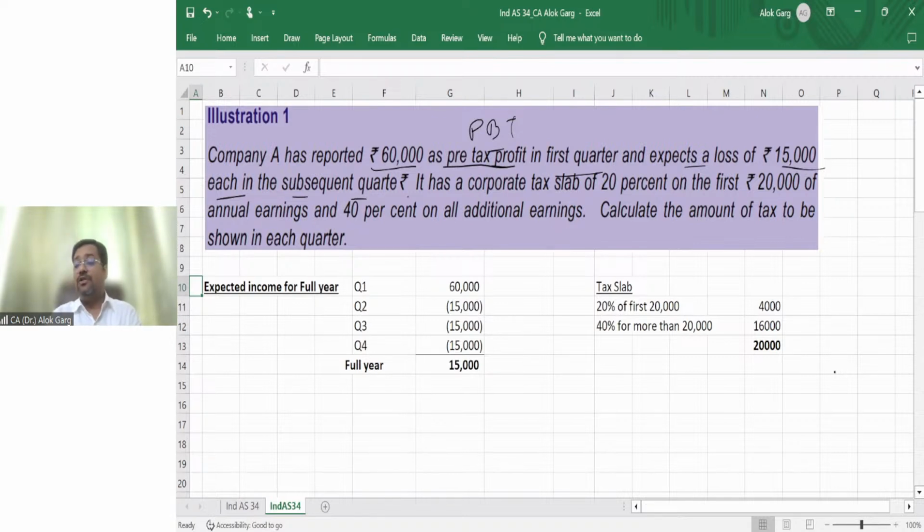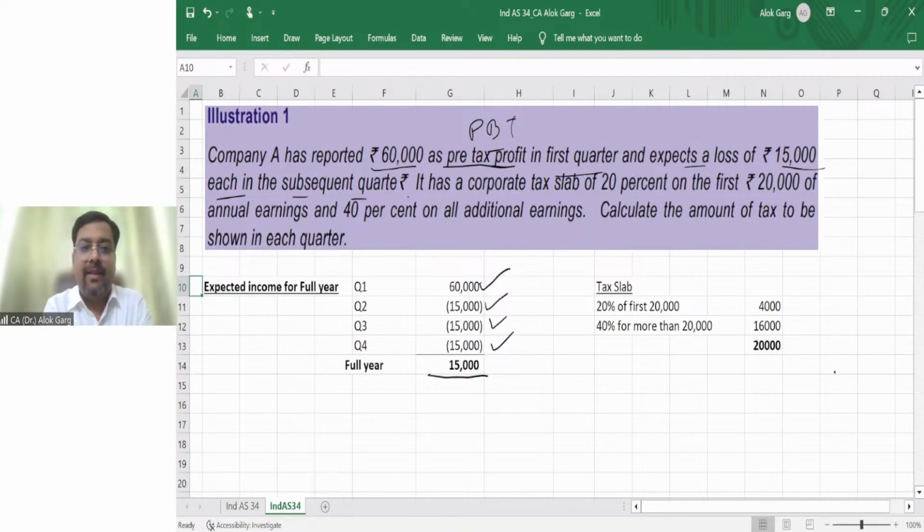So in the first quarter the company has earned a profit of 60,000 rupees, and in Q2, Q3, Q4 the company is expecting losses of 15, 15, 15. So what is the profit for the full year? The profit for the full year is 15,000.